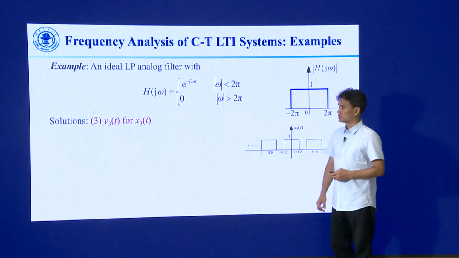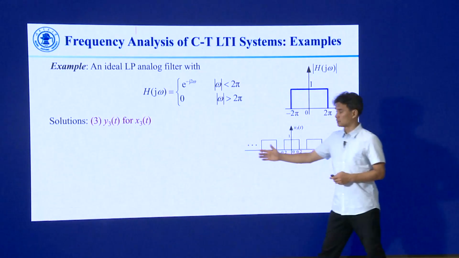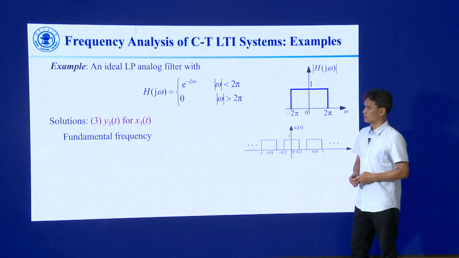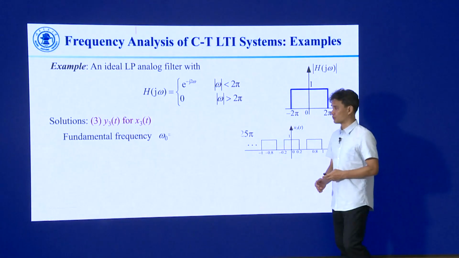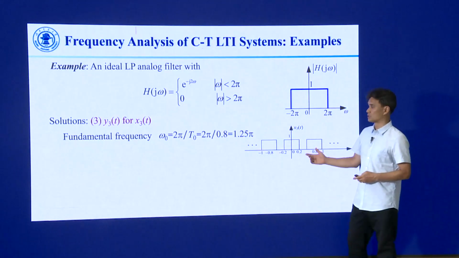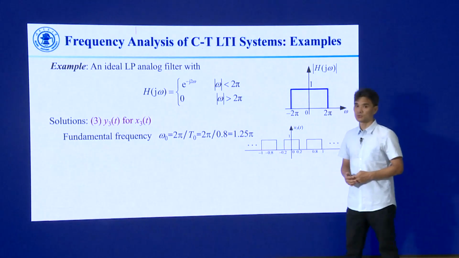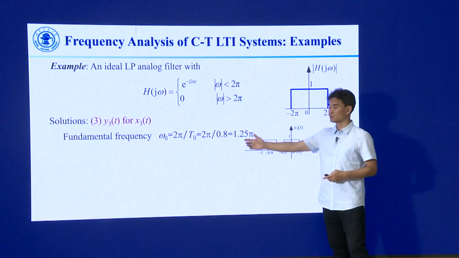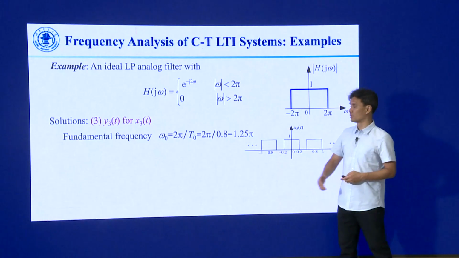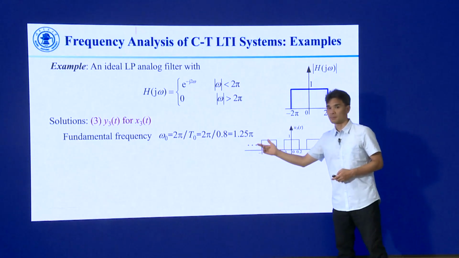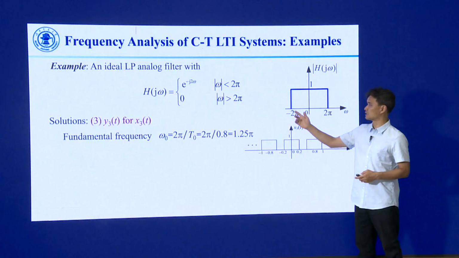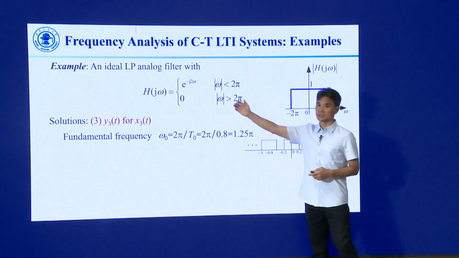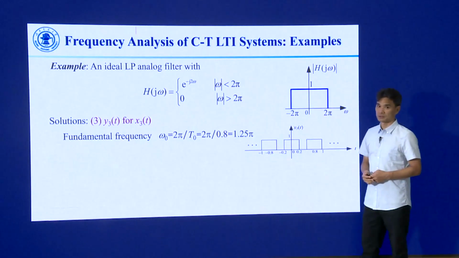The third input is a periodic rectangle signal. The fundamental frequency of that periodic signal is equal to 1.25. For the second harmonic, 2 times omega sub zero, it will be 2.5 pi, which is outside the range of the rectangle signal representing the system's amplitude response.